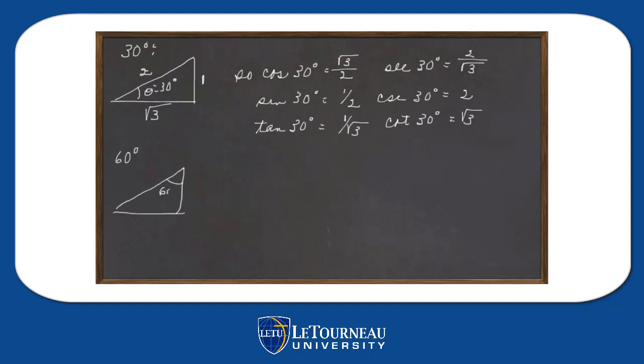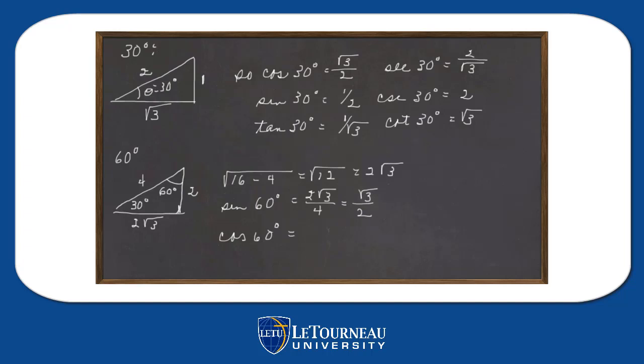For 60, similarly, except that notice where I put the 60, and so the 30 then, I was messing up. So we've got 2 on opposite, 4 on hypotenuse, 16 minus 4, or 2 square root of 3. All right, you're getting the hang of it.